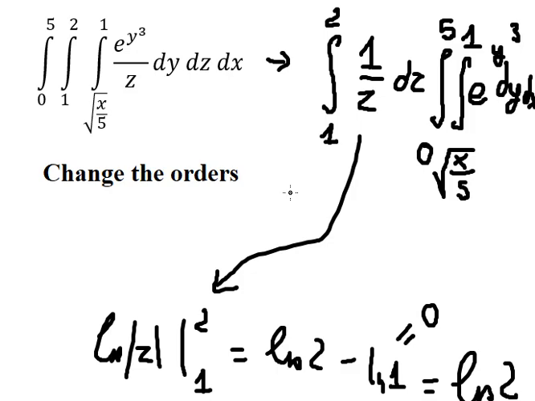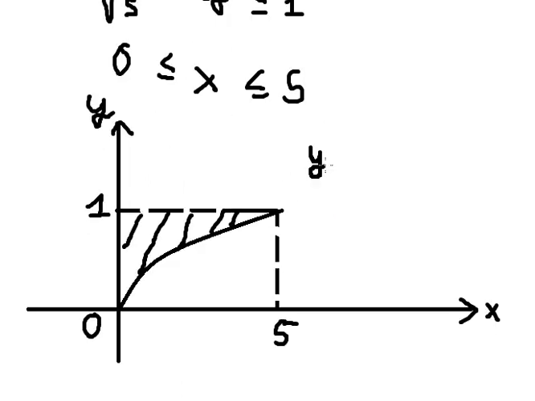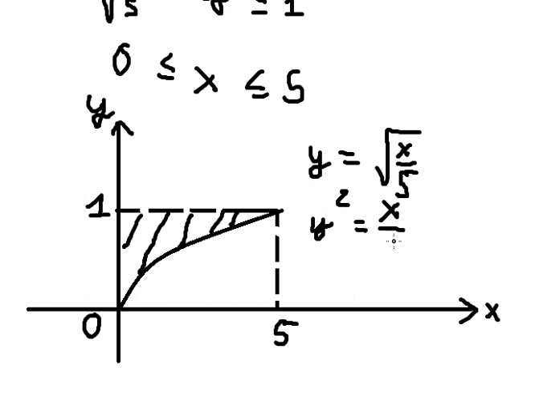Now because we want to change the order, that means we need to change the bounds in here. So we have this one. Now we put the power number 2 on both sides to cancel the square root. So number 5 goes to the left.